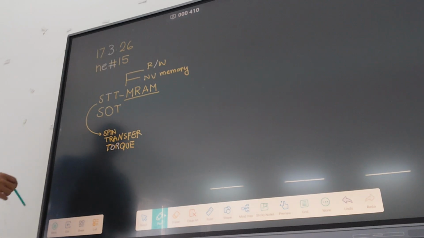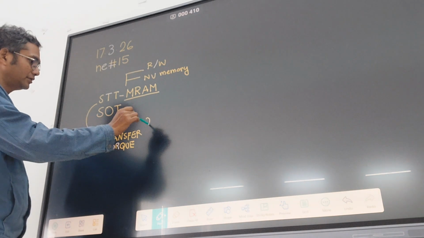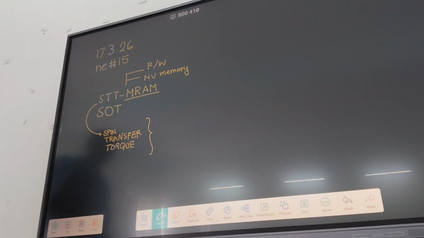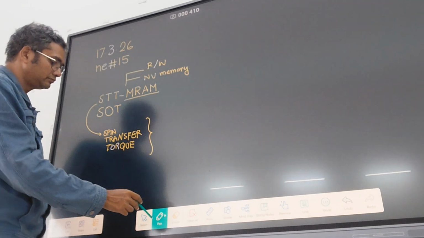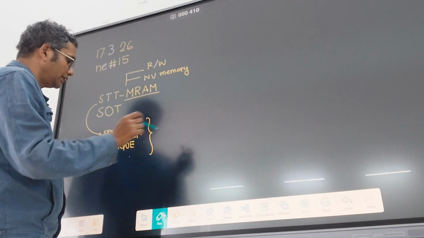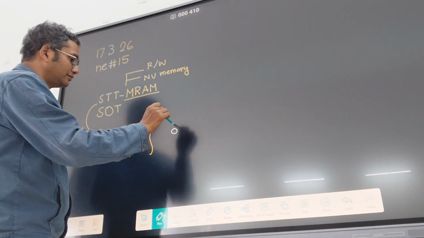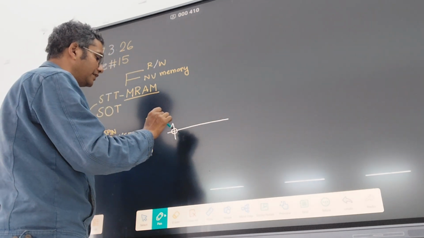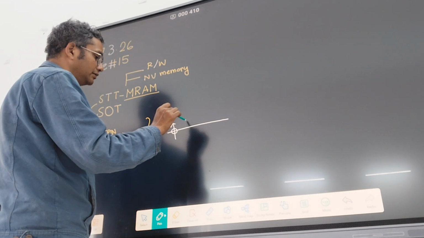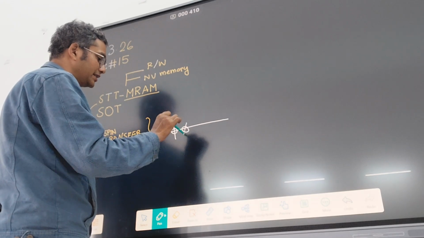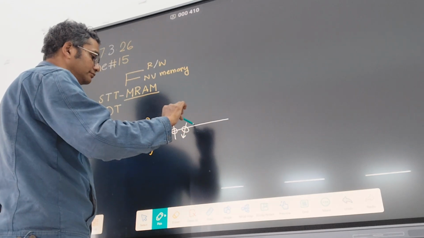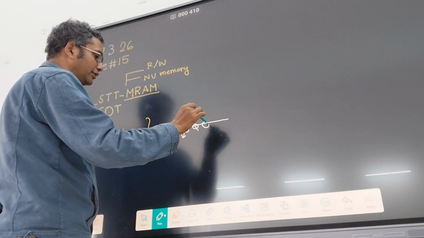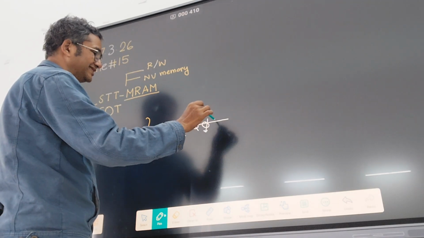So first you will understand what a spin transfer torque is. I think we have the basic idea: any electron or any current, which mainly involves electrons, the spins are random. They are not in any particular direction.